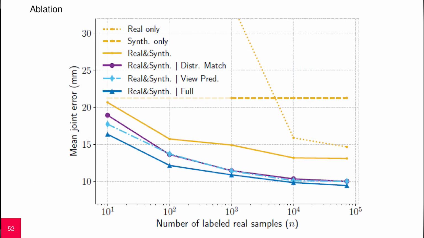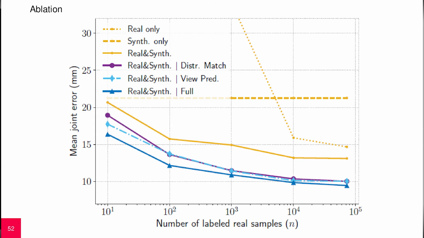Yeah, coming to some results now. What you can see is the case when we only train with real samples. Of course, as I showed in the very beginning, if you have a low number of samples, you're completely off. Your error is pretty high.